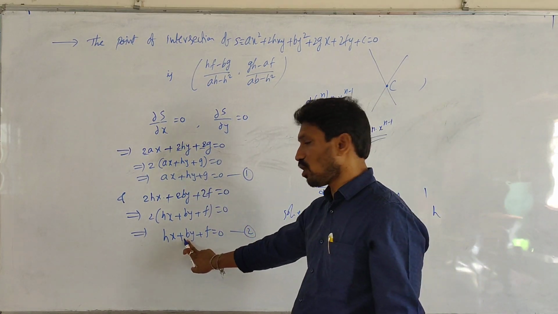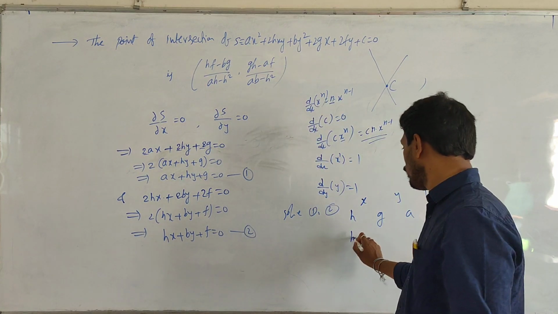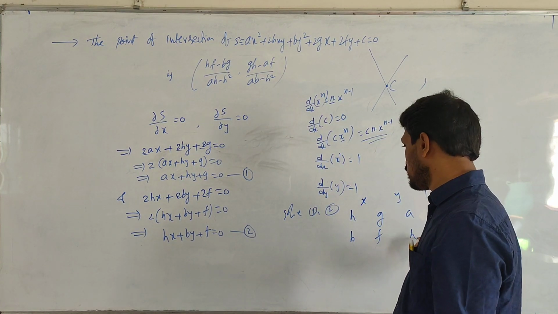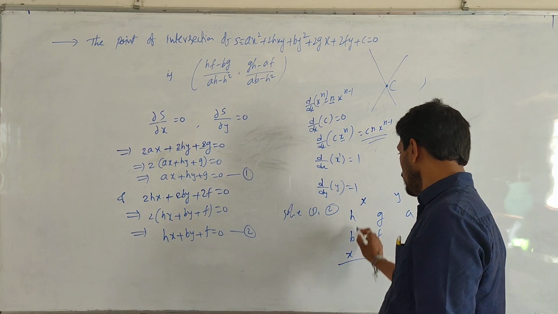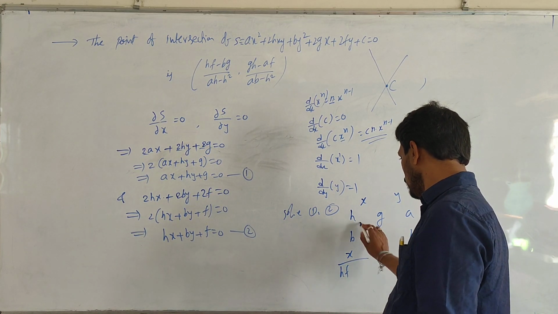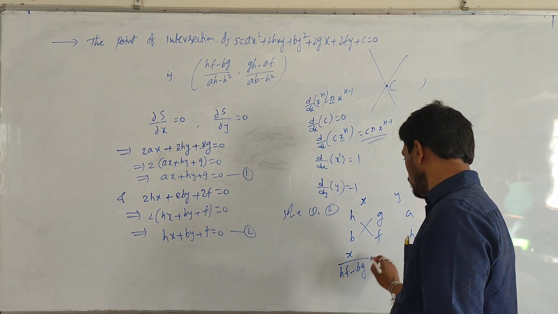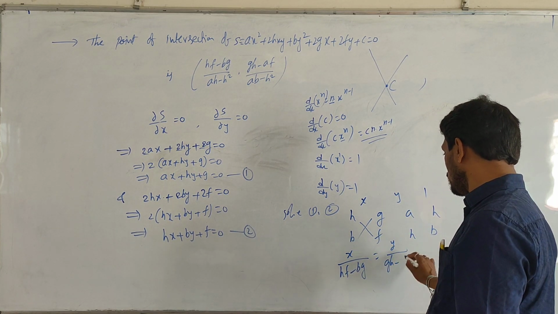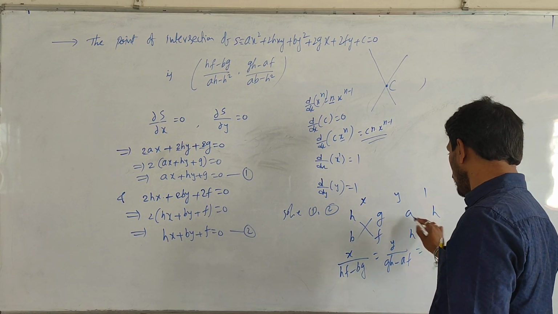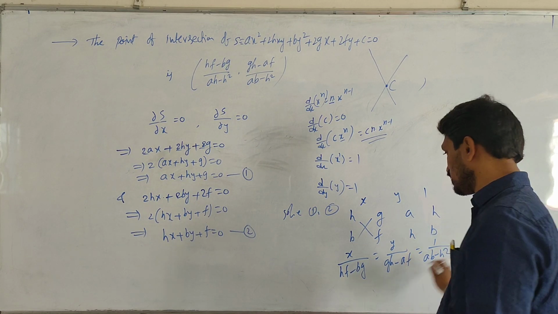In this equation, start from here b, f and h, b. So what we have: x by hf minus bg is equal to y by gh minus af is equal to 1 by ab minus h square.